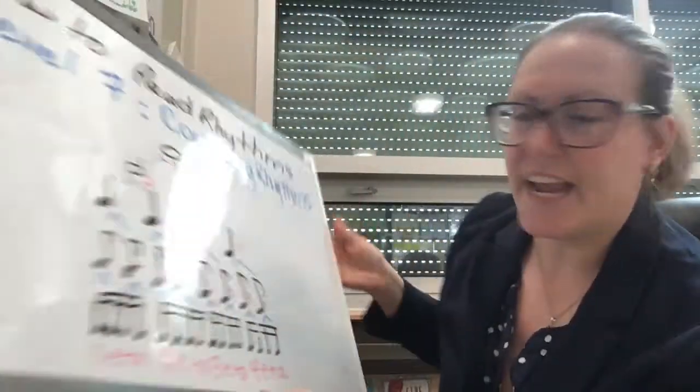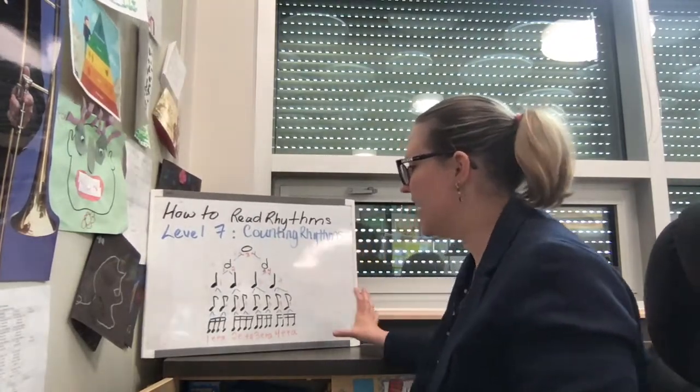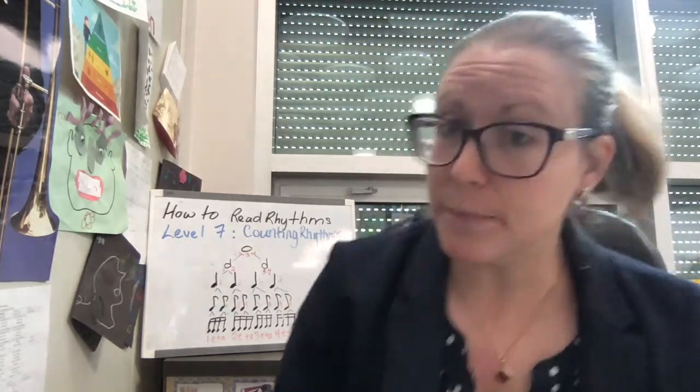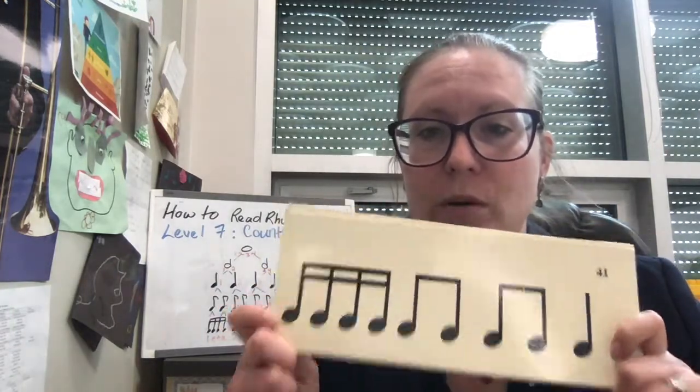For today, for level 7, I'm going to take the cards that we used a little bit earlier from level 4, I believe, when we introduced the idea of the ticka-ticka. And we're going to count.